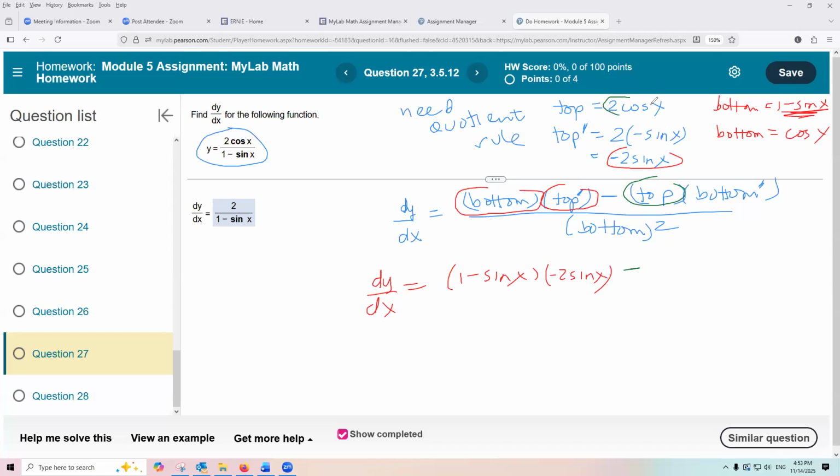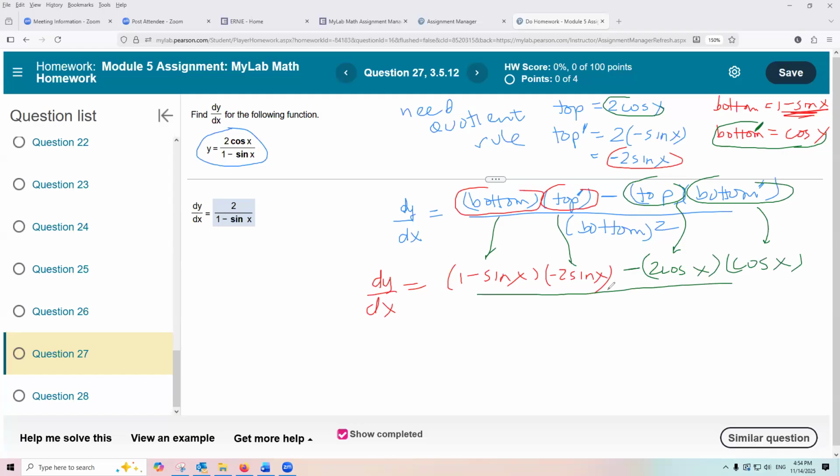That was 2 cosine x times the derivative of the bottom, which is just a cosine x. All over the bottom squared. 1 minus sine x squared.